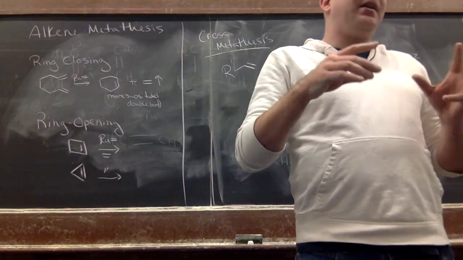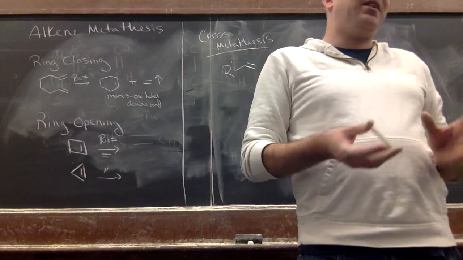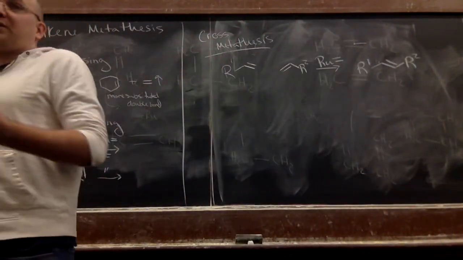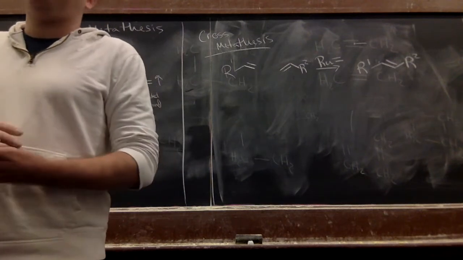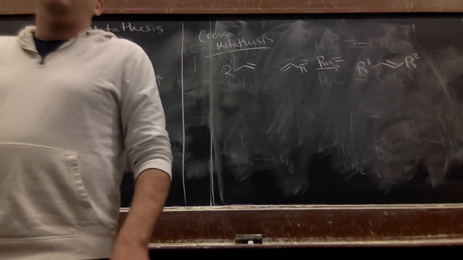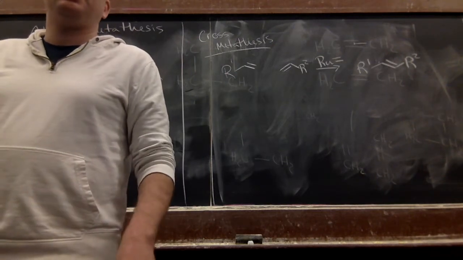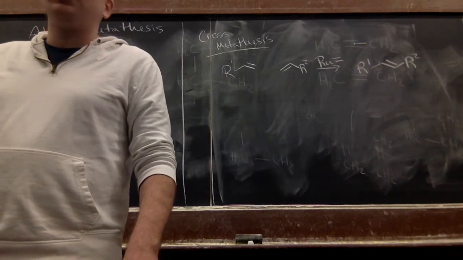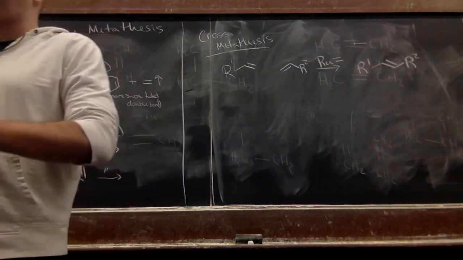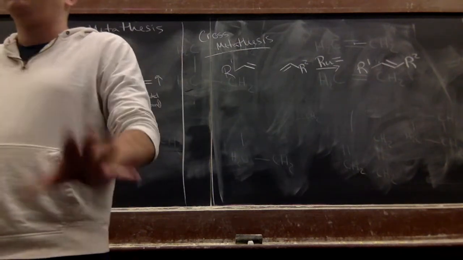But what ends up happening is, because it's a reversible reaction, it'll eventually make the trans. So you can often render metathesis trans-selective by taking advantage of the thermodynamic control. For the sake of this class, let's just simplify it and just assume that these are generally going to be reversible and so that they'll lead to trans. So let's just simplify it and say trans double bonds, thermodynamic control, easier to do.